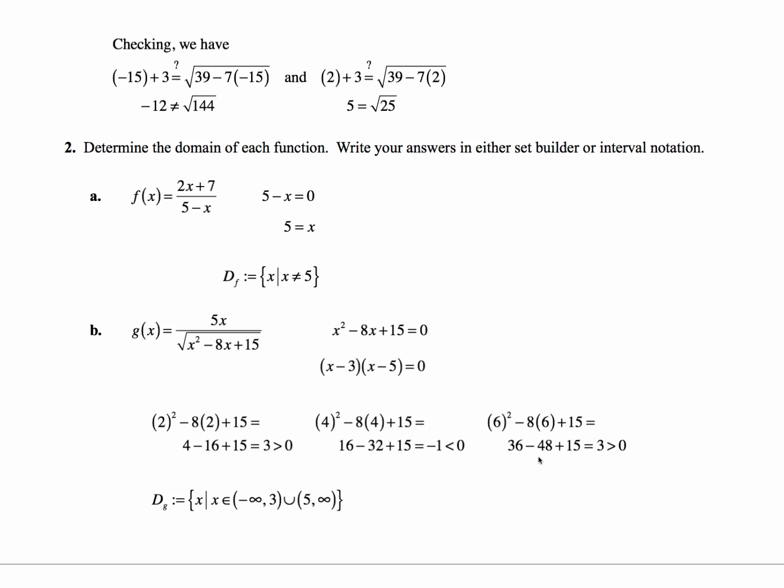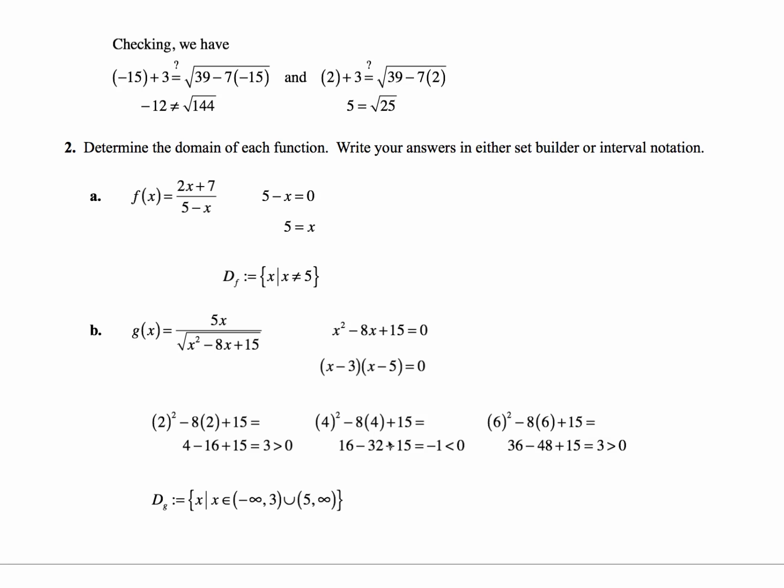Negative 8 times 6 is negative 48. Adding negative 48 and 36 gives negative 12. Negative 12 plus 15 is 3. 3 is greater than 0. So yes, everything in that interval is positive, and is therefore part of the domain.